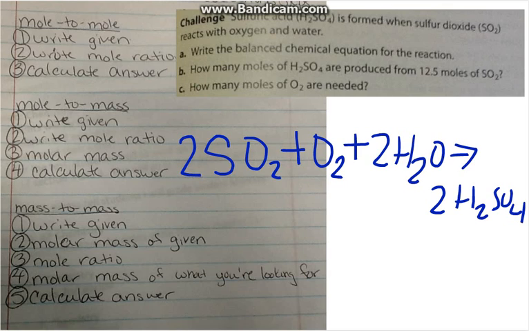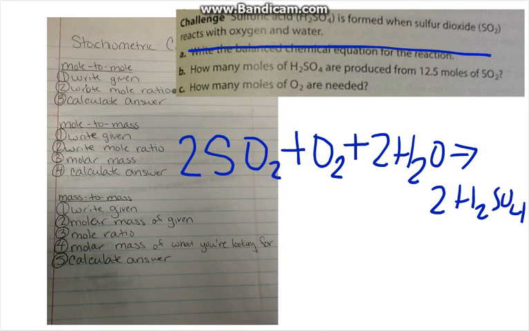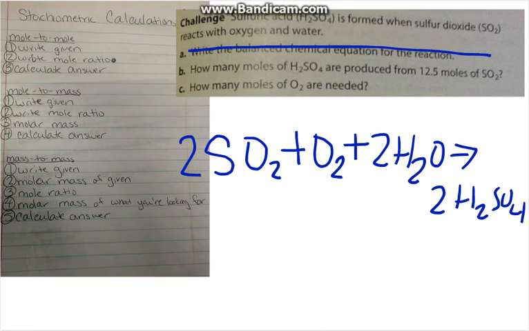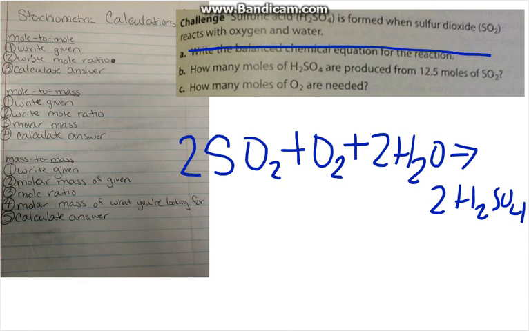So we've already done A. Done with A. Okay, now we're going to make this a little bit smaller to get out of the way a little bit more. Now what you're going to do is you're going to do B. B says how many moles of H2SO4 are produced from 12.5 moles of SO2.